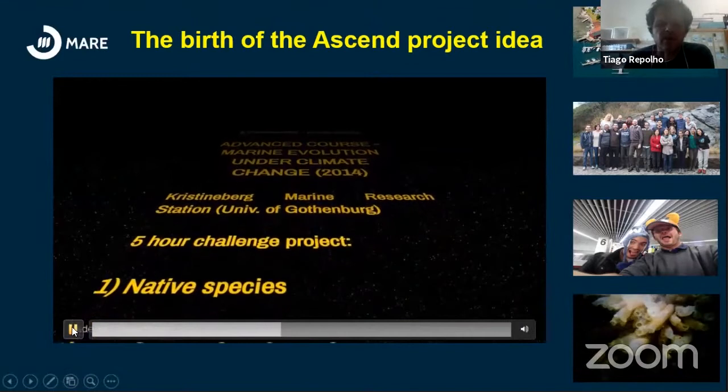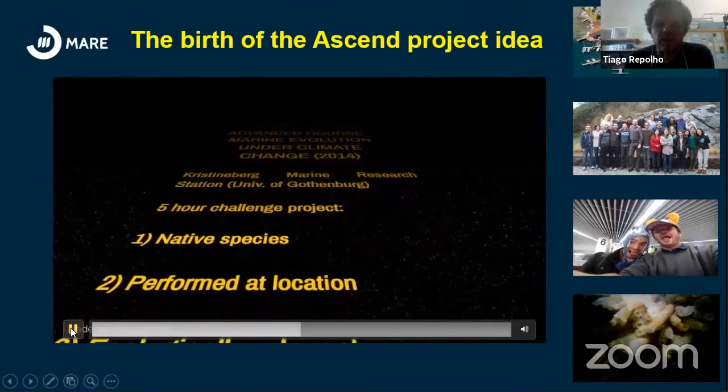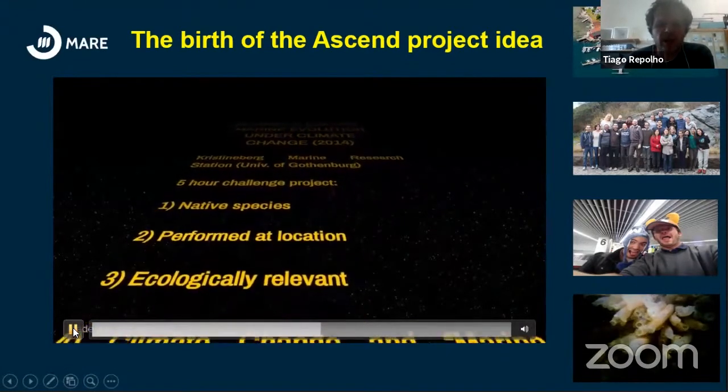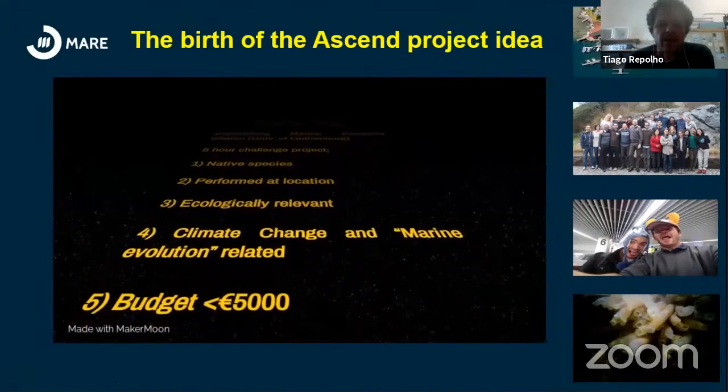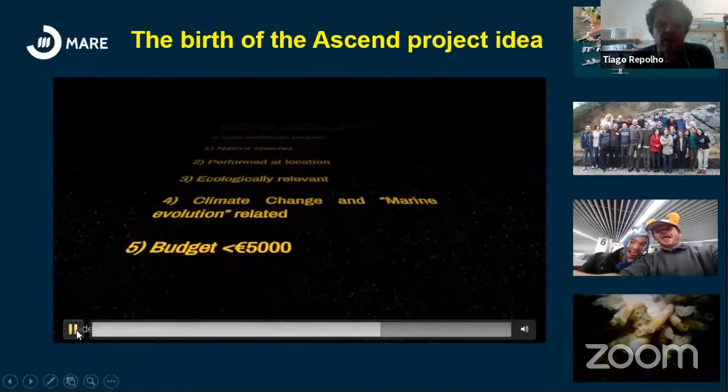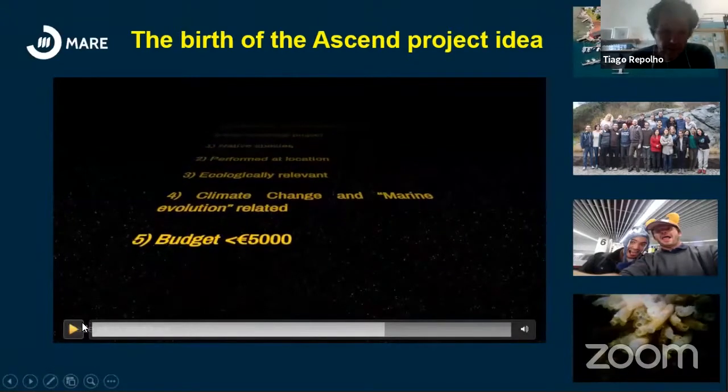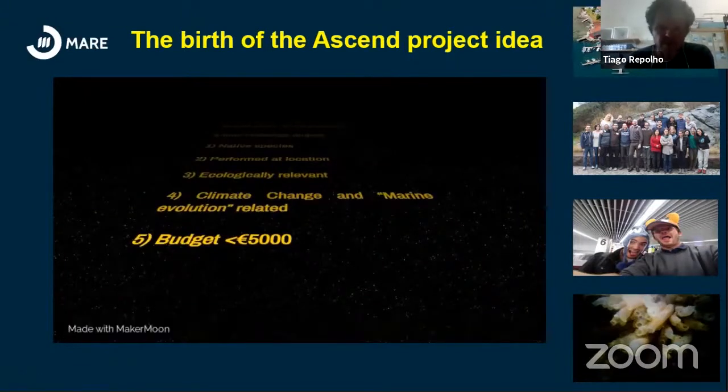Basically, a species that was native, it had to be performed on location, the study had to be ecologically relevant, and of course, it had to be climate change and marine evolution related. And last, the project had to have a budget below 5,000 euros, because as we all know, research is also quite limited in terms of funding.